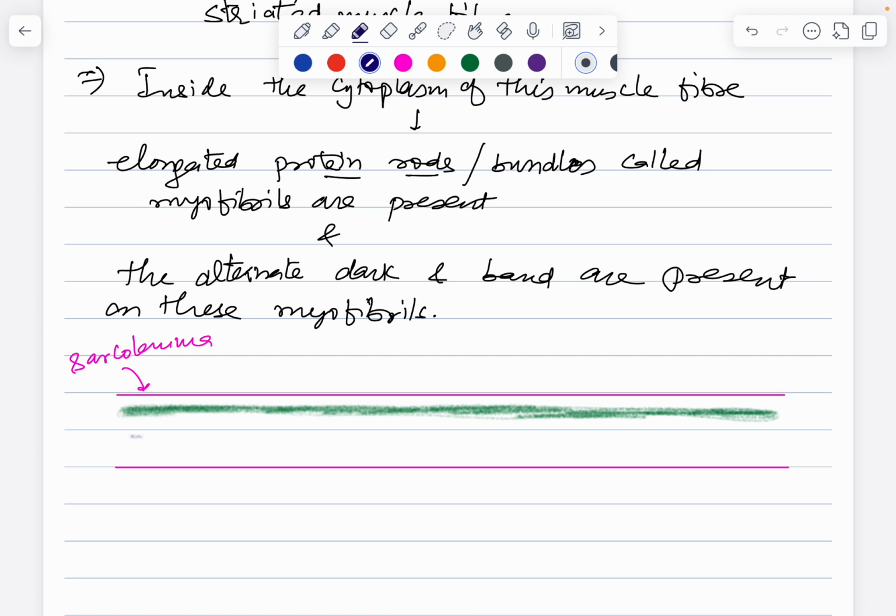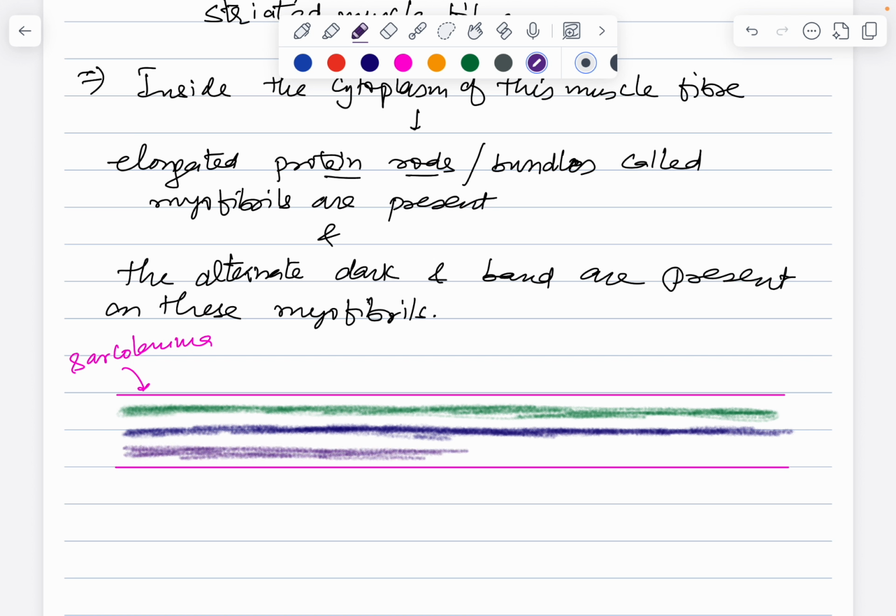Then here's the second protein rod present inside the cell. Here's your third protein bundle or rod present inside the cell. Of course, the rest of the stuff will be still visible. Will you be able to see the nuclei? Yes, of course, close to the membrane, as we've drawn in the upper diagram. Will there be cytoplasm also? Of course, yes, it will be there.